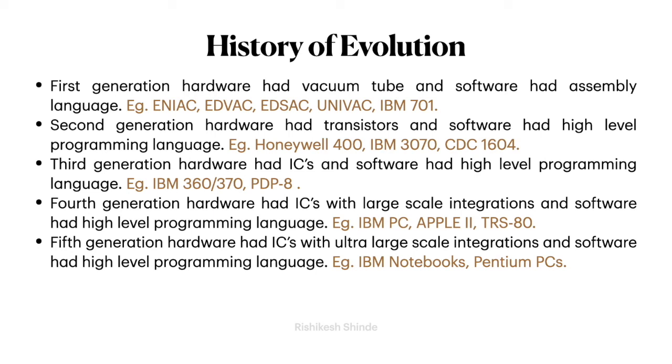So throughout this evolution you can see that the minute component inside our CPU was vacuum tubes for the first time, and nowadays we are dealing with ICs having ultra large scale integration, and this happened in just 50 to 60 years.